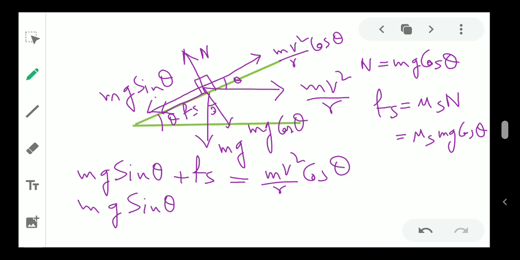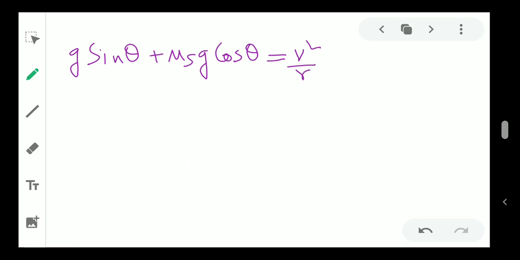So if I put here mg mu s cos theta, equal to mv square by r cos theta. Now I can remove the m from all sides, and I can write g sine theta plus mu s g cos theta is equal to v square by r cos theta.